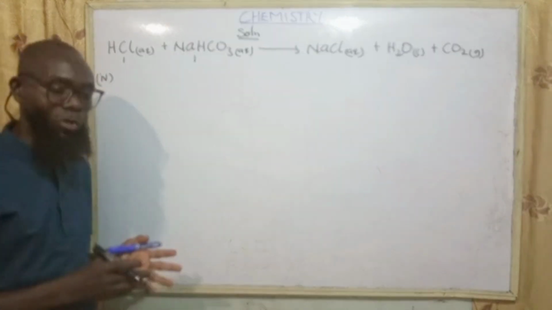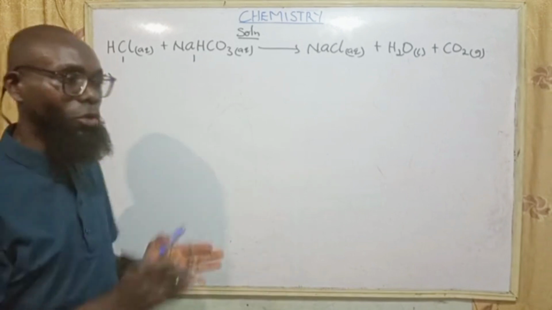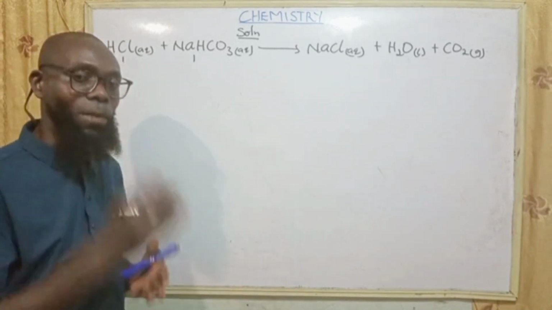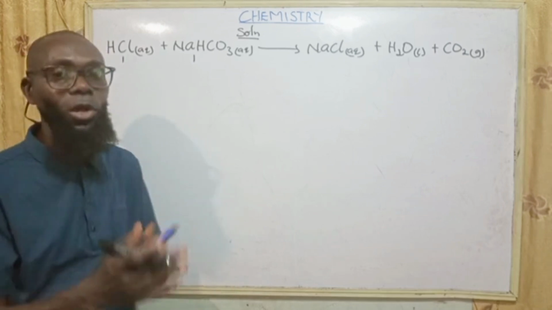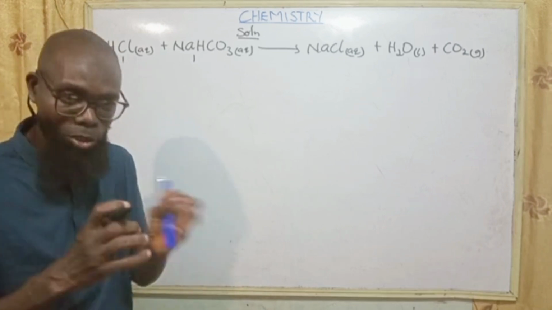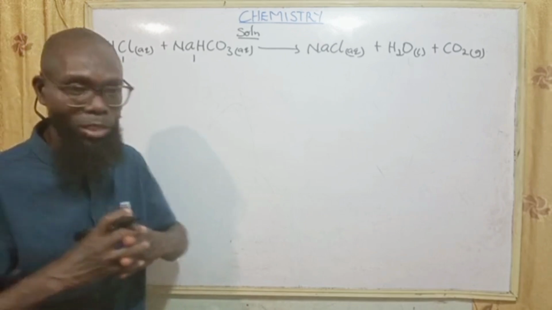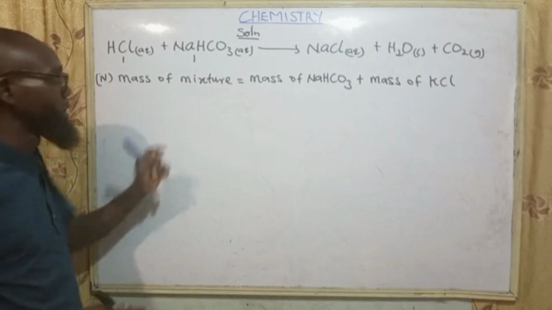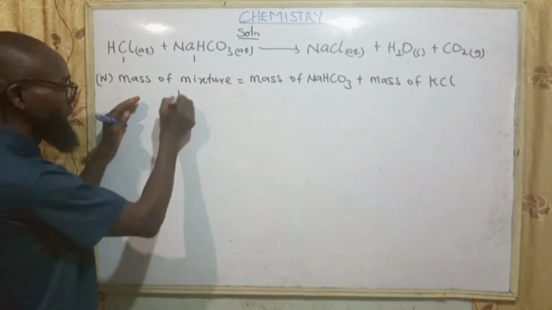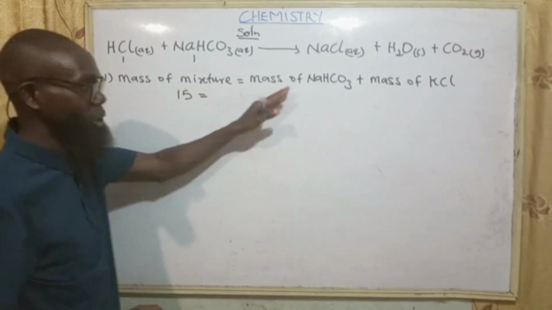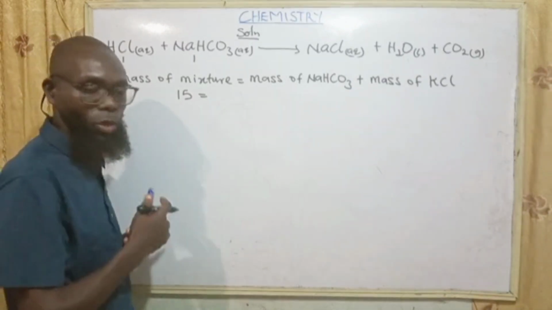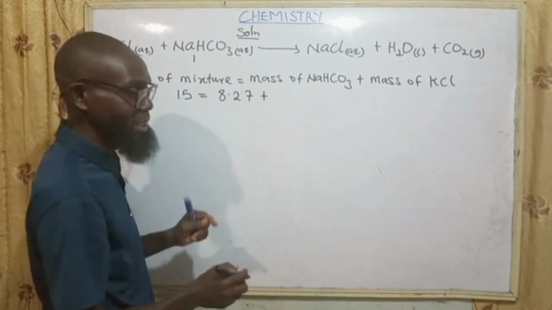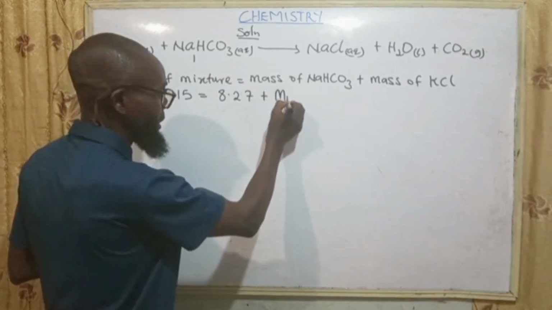So this formula will be the mass of mixture, because mixture means two things coming together. It will equal mass of sodium hydrogen carbonate plus mass of potassium chloride, because the mixture contains sodium hydrogen carbonate and potassium chloride. Now, the mass of mixture that we have is 15, equal to mass of sodium hydrogen carbonate that we got, 8.27, plus mass of KCl, let's say mKCl.